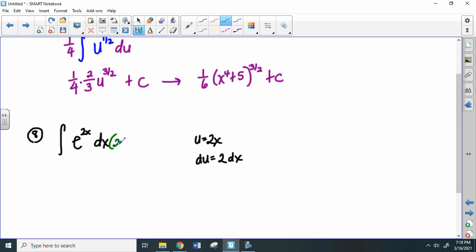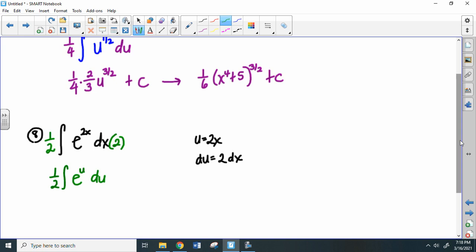I can multiply in a 2 as long as I balance with the reciprocal in front. And then when I rewrite this, what am I actually integrating? Well, I didn't do anything with the e. I just said 2x was the u, and everything else is the du.